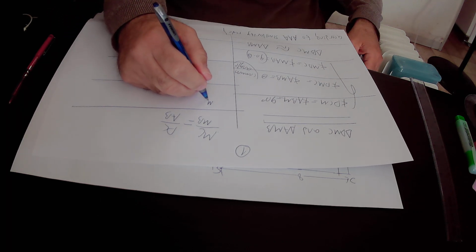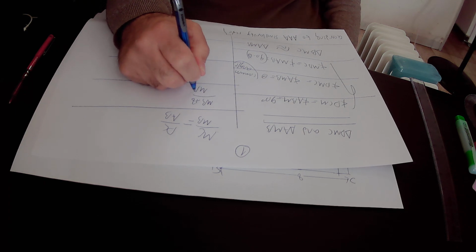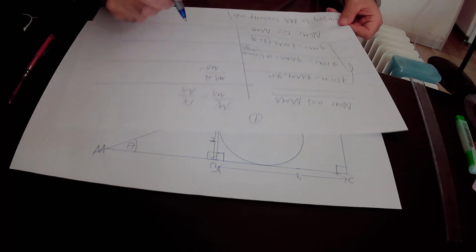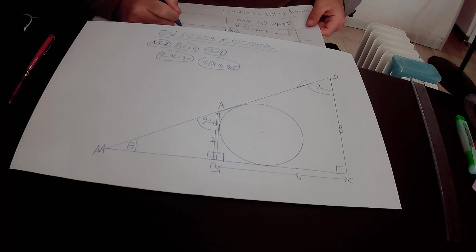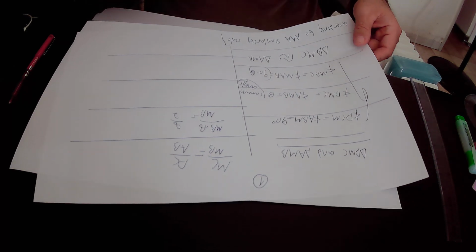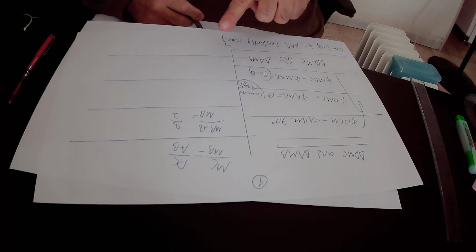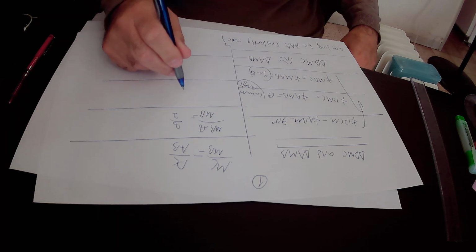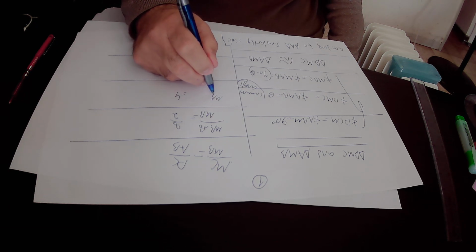MC over MB is MB plus 8 over MB, and it is equal to DC, which is 8, over AB, which is 2. So MB plus 8 over MB equals 8 over 2. 8 over 2 is 4, so 4 equals MB plus 8 over MB.